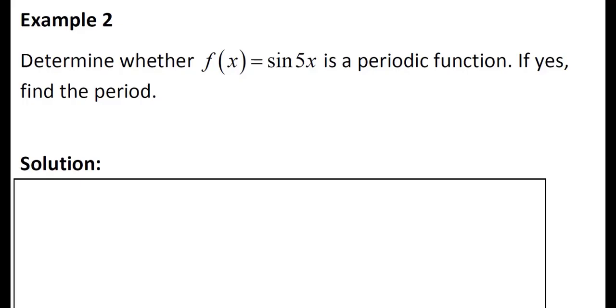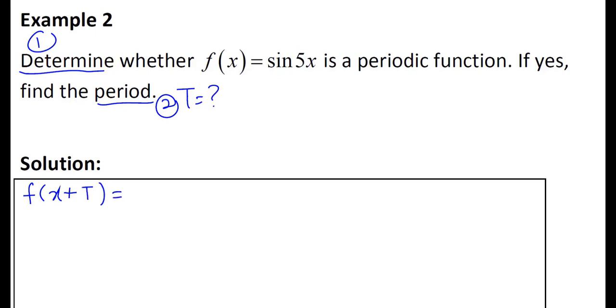Example 2: determine whether f(x) equals sin 5x is a periodic function. If yes, find the period. The period is T. Same thing, you need to make sure f(x + T) is equal to f(x). So f(x + T) is sin 5 (x + T).